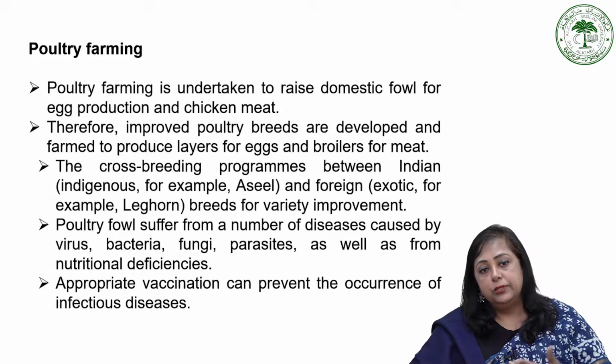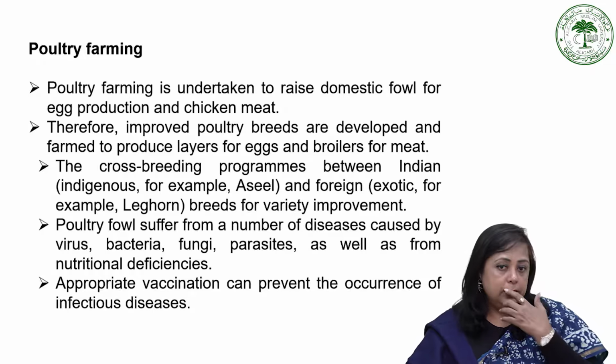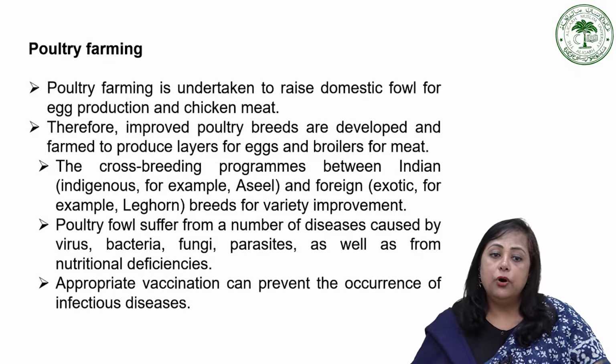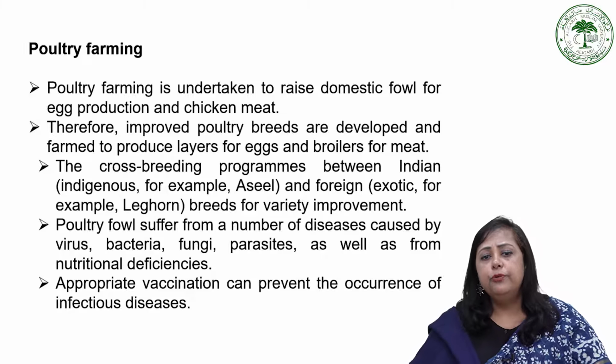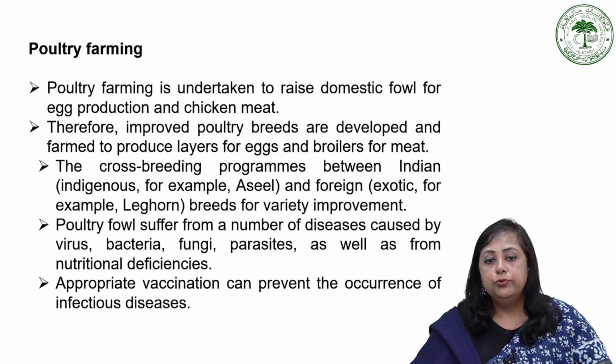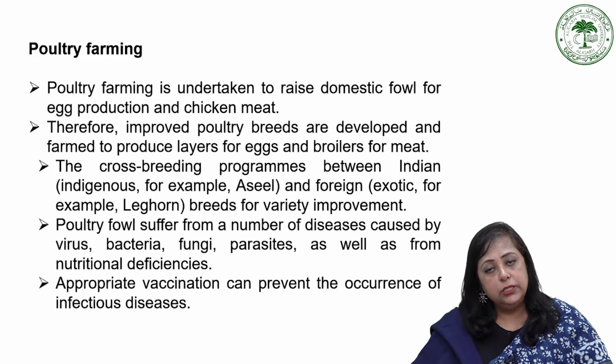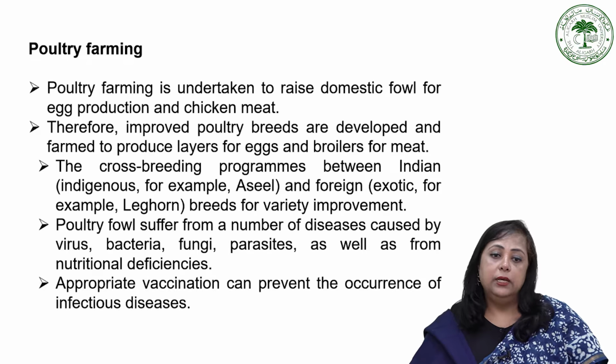Poultry farming is undertaken to raise domestic fowl for egg production and chicken meat. Therefore, improved poultry breeds are developed and farmed to produce layers for eggs and broilers for meat. So we are still only partially successful in meeting the need for meat and eggs.